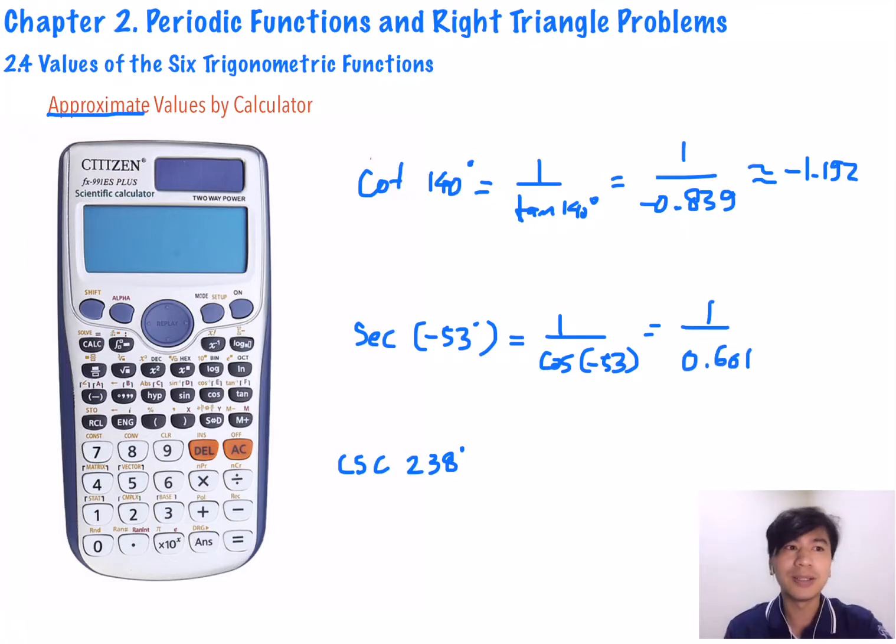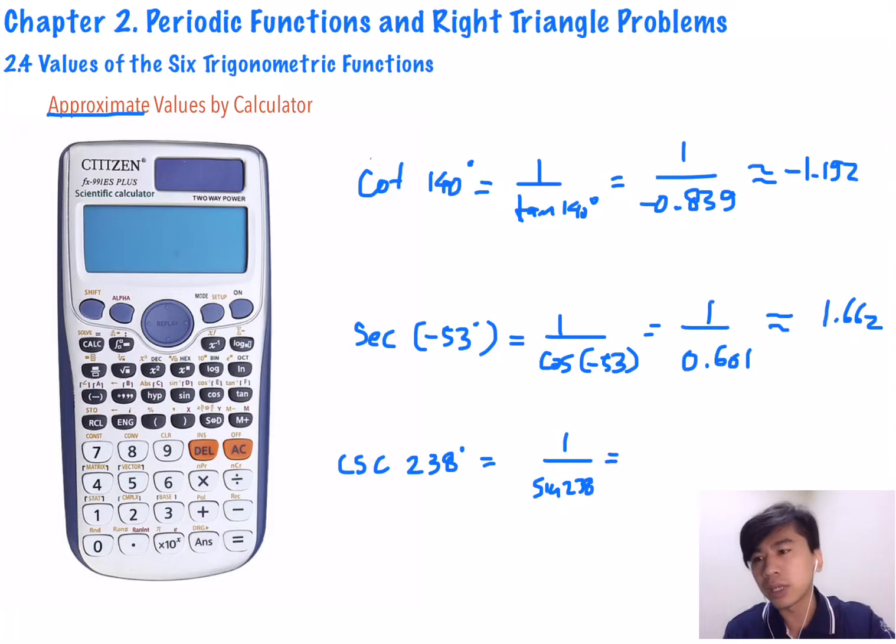It's not negative, so you'll get 1.662. Then cosecant of 238 degrees will be 1 over sine of 238, and you'll get 1 over negative 0.848, which is around negative 1.179.